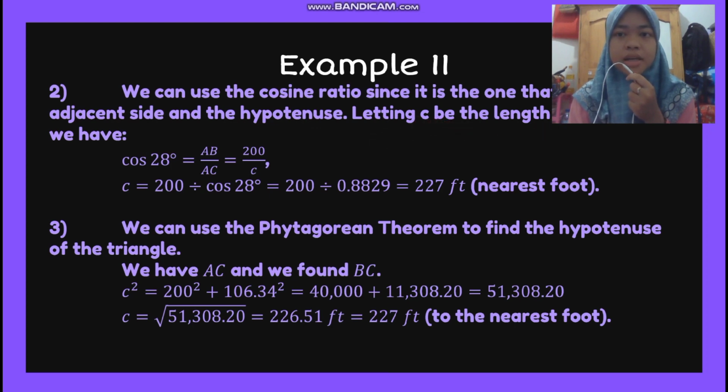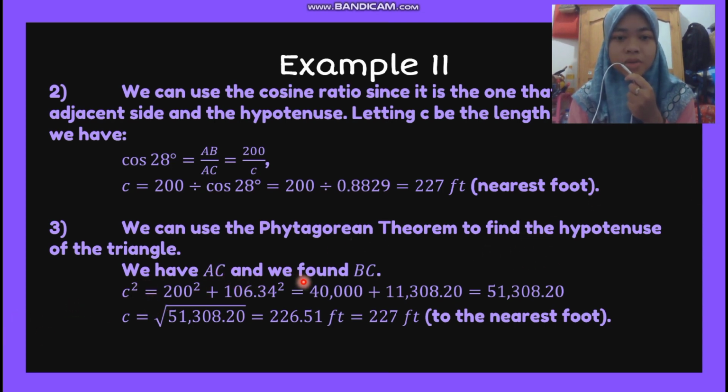Letting C be the length of the cable, we have cosine 28 degrees equals AB divided by AC, equals 200 divided by C, and C equals 200 divided by cosine 28 degrees, equals 200 divided by 0.88128829, equals 227 feet.